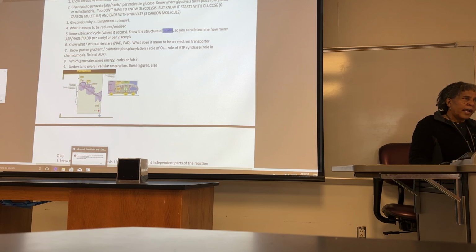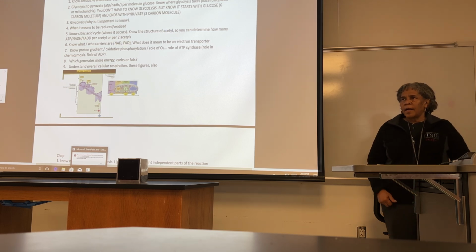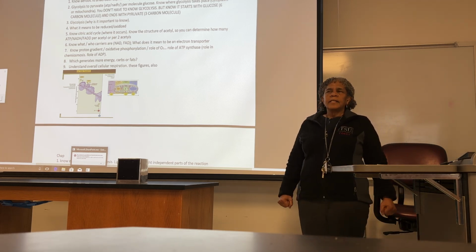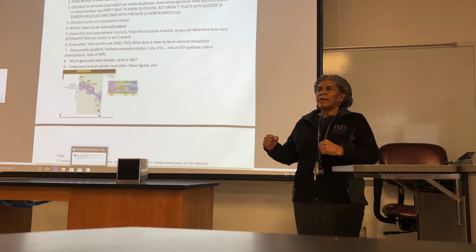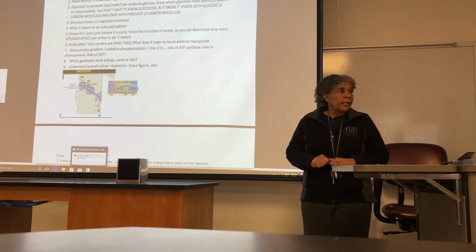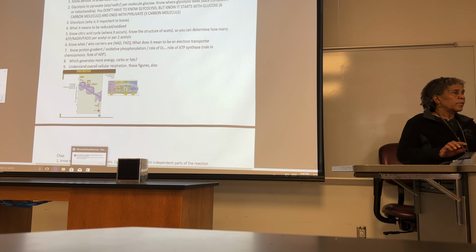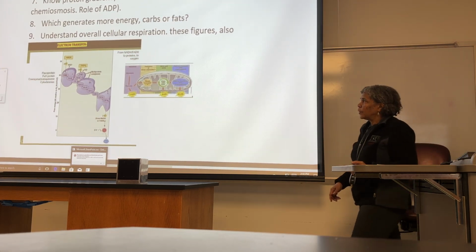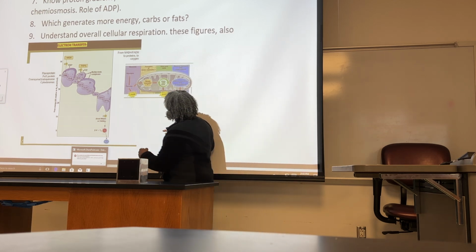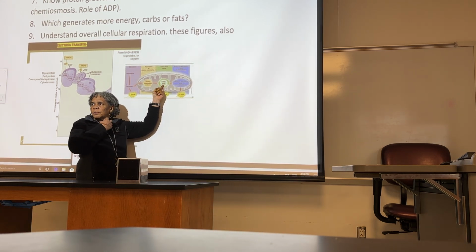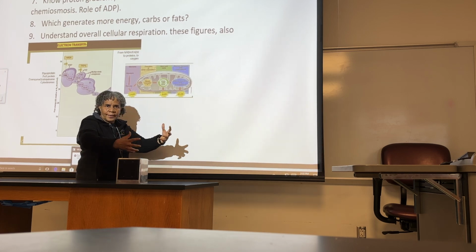The carriers that are carrying all this energy around, because there's energy in the electrons, are NAD and FAD, NADH and FADH. When you go from the citric acid cycle, you don't have any carbons anymore, because you expelled all that out.